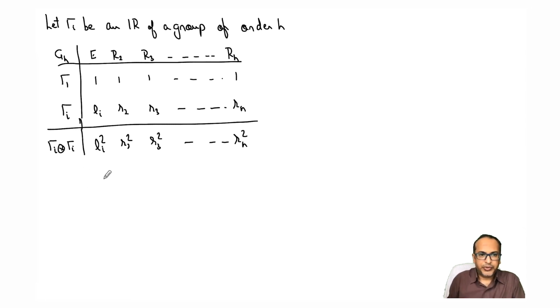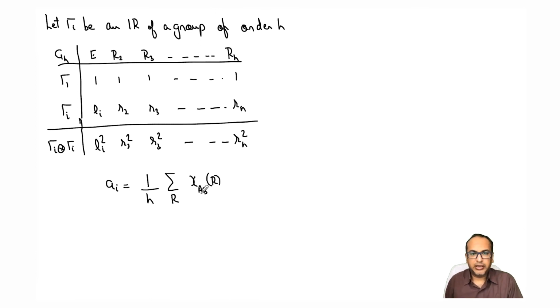So here, now if I want to find out the component IRs of this, then I can say that A_i is equal to 1 over h summation over all R. This is directly from the reduction formula. So this is the character under direct product, and this is the character for the corresponding irreducible representation, right?